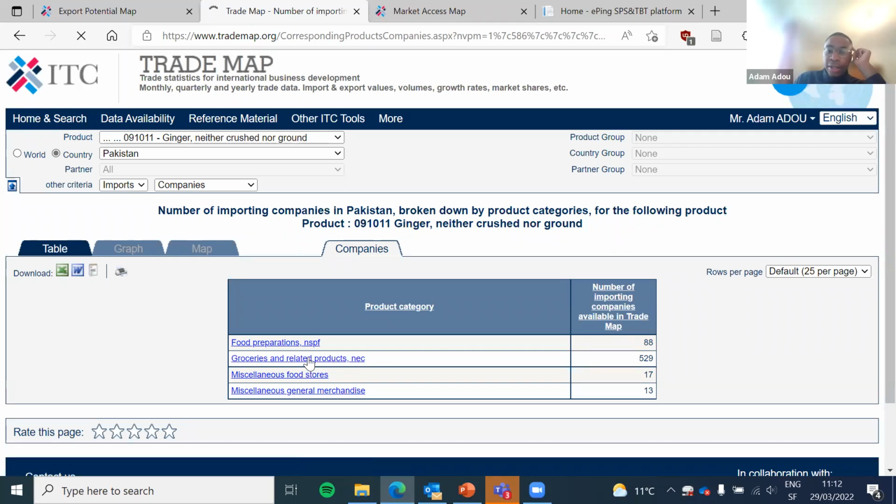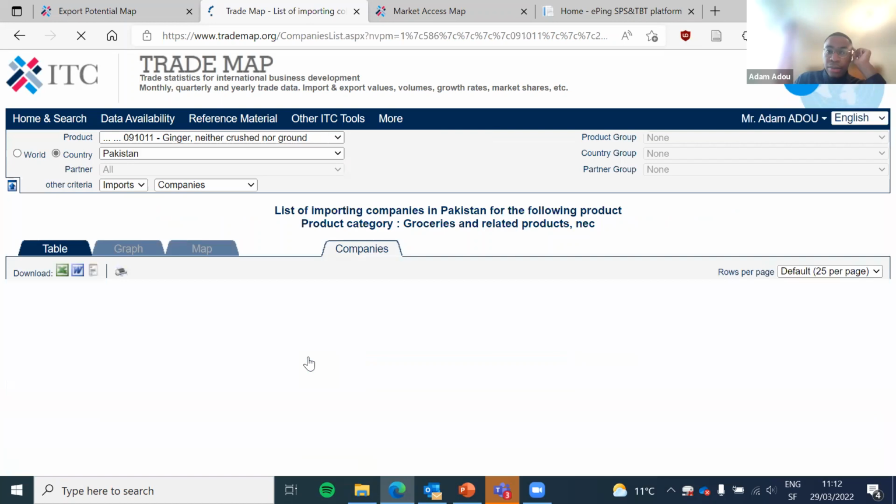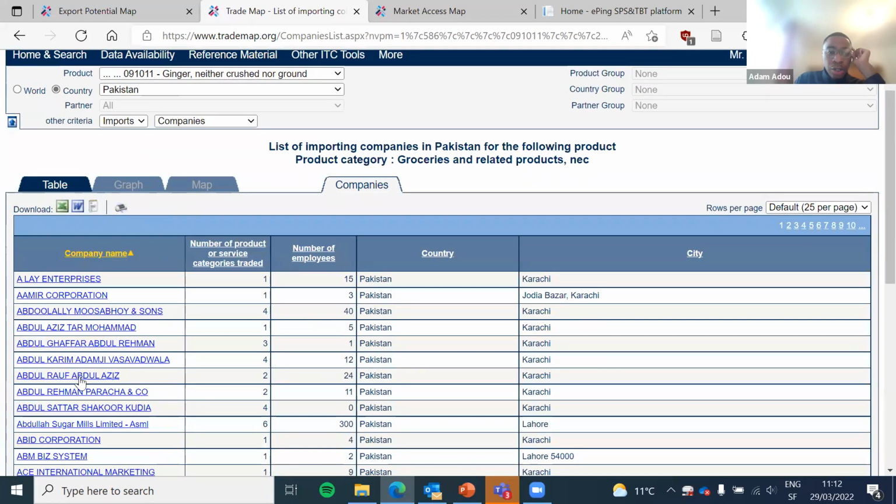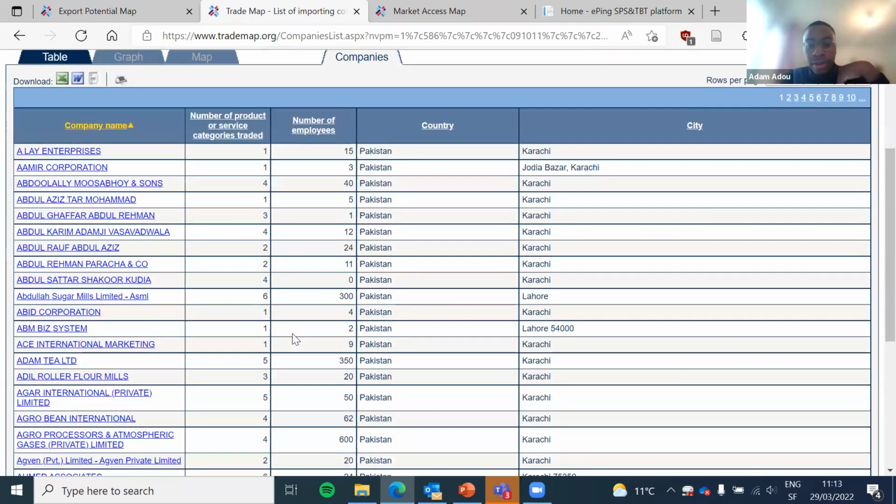So let's take a look at this. For Pakistan, all the companies listed here import ginger. All those companies are Pakistani companies importing ginger, so potential clients for exporters of ginger from Thailand.